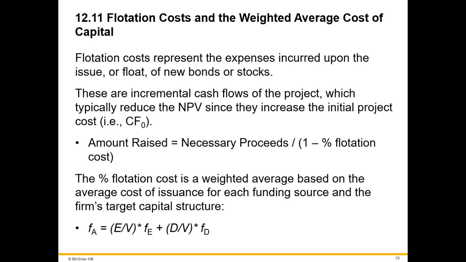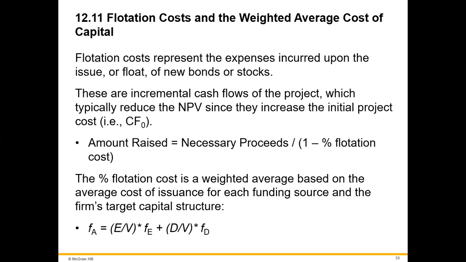Now, let's take into account the flotation first. Because cash flows are $73,150 a year, the present value of the cash flows at 13.95, you use the weighted average cost of capital, will be $524,373.